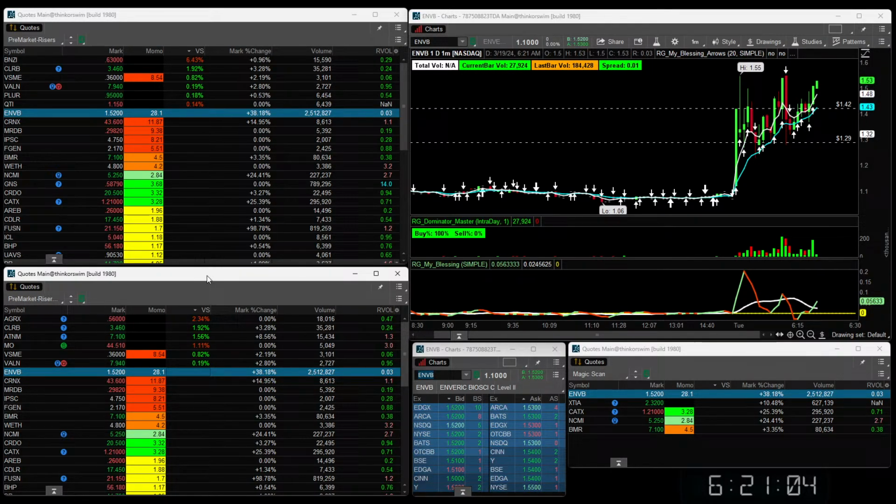Looking like they're going to push through. Let's see if we get a break through that resistance level here.